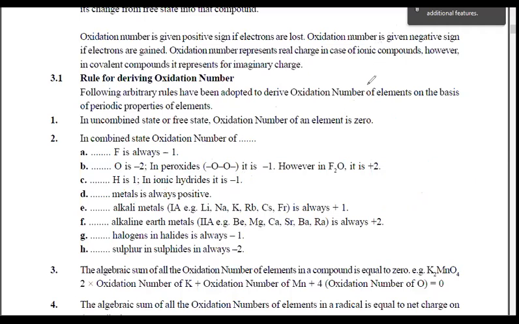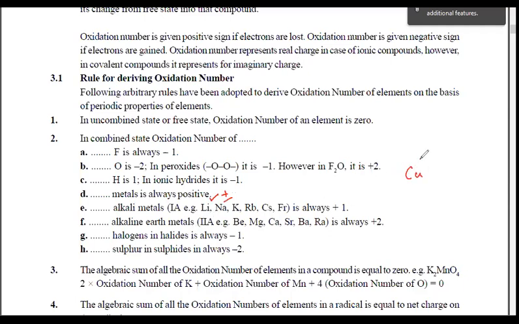Right? Now, what is the definition of metal? I hope all of you studied this in class 8 and 10th. How many of you remember that metals are the elements which lose electrons? So obviously, if metals are losing electrons, they will always be positive.